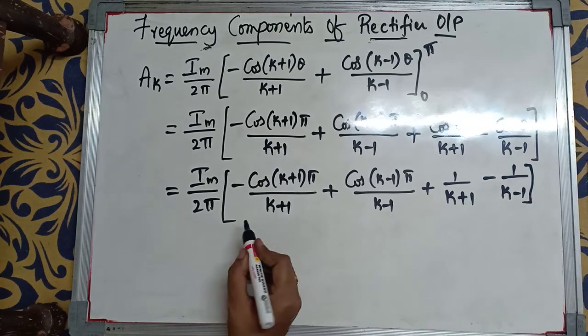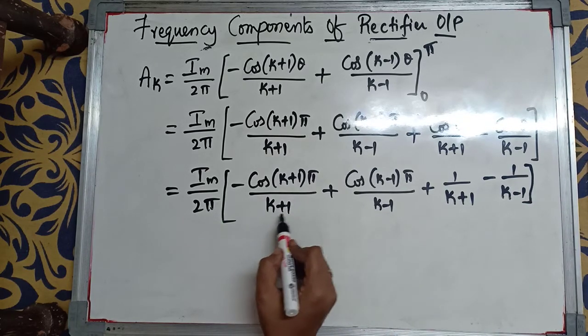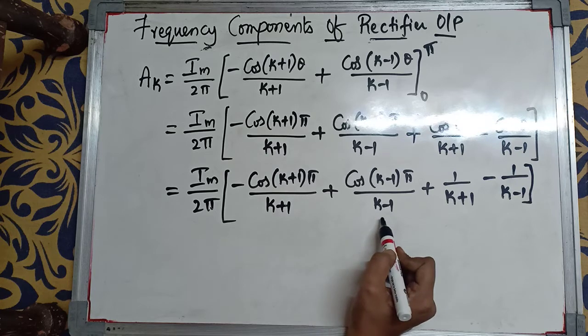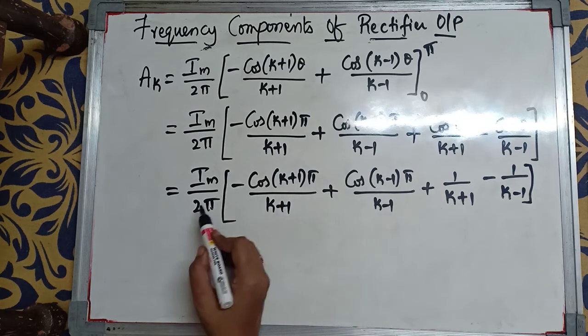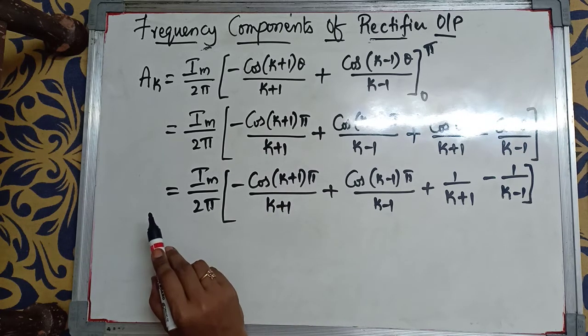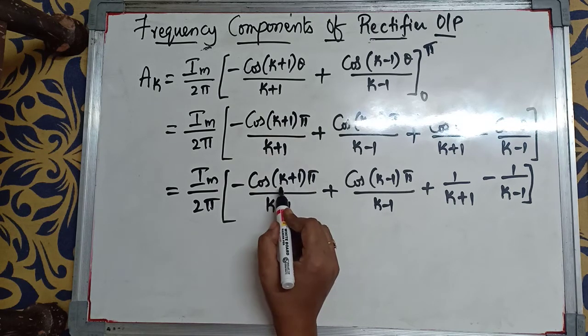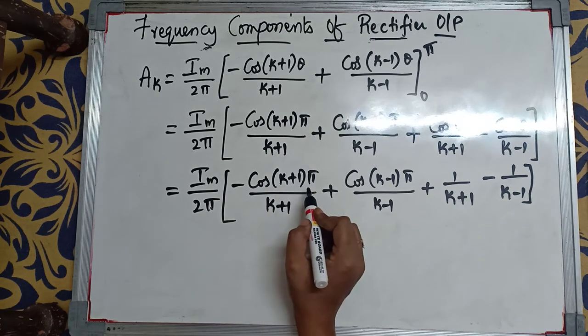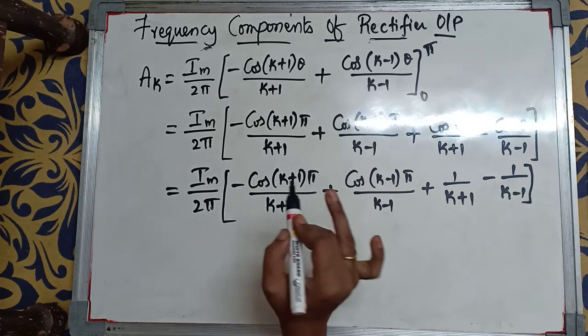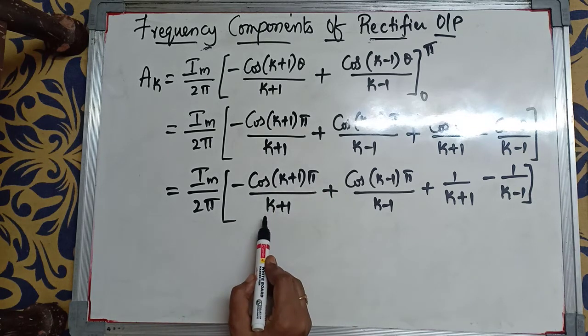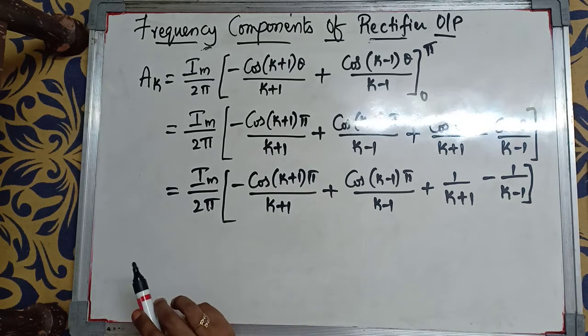Now again in this equation, depending upon whether k is even or not, we will get different values for ak, because the cos value for pi at even multiples and at odd multiples will be the same. So depending upon our k value we can check what is the value of ak.